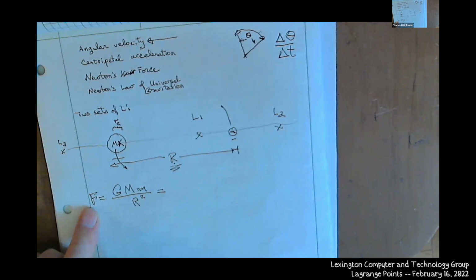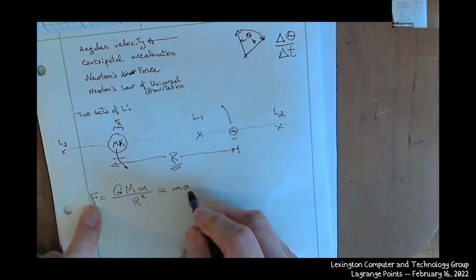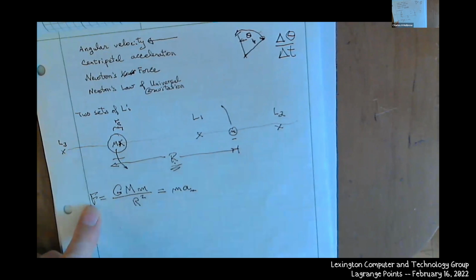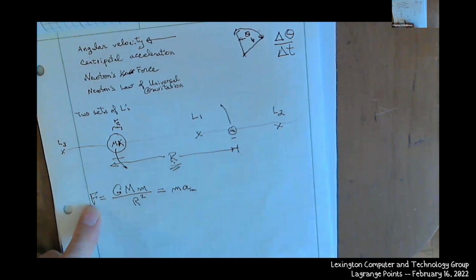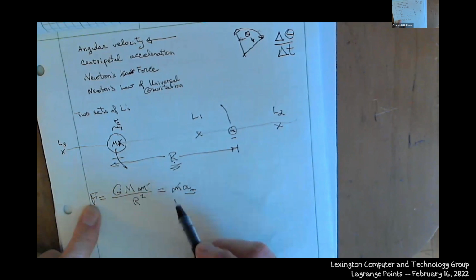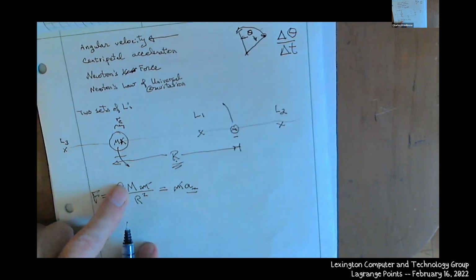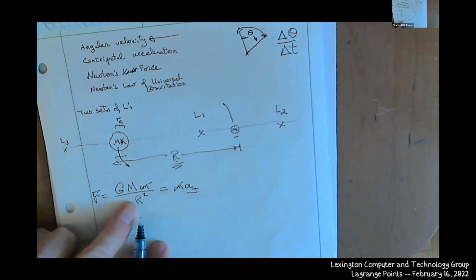Newton's law of gravitation says that the sun is going to produce a certain amount of acceleration of this smaller mass. And what you see is that the m's will cancel, so the acceleration is just going to be the constant times the enormous mass of the sun divided by the square of the distance between them. That's exactly the right acceleration to cause the Earth to move in a circle once a year.